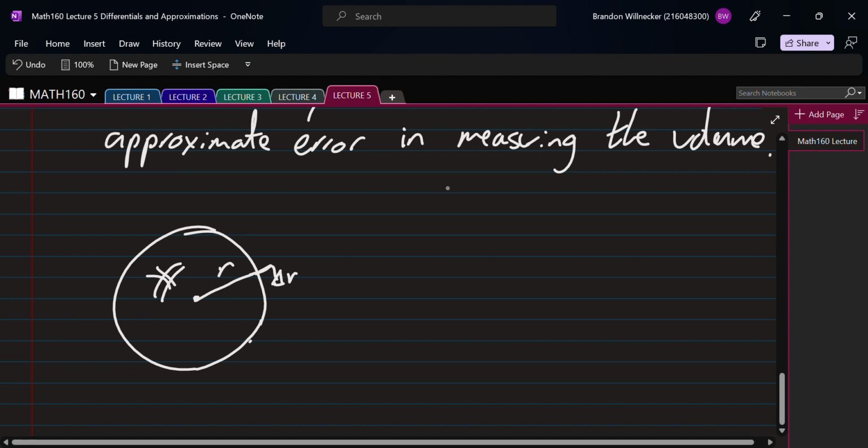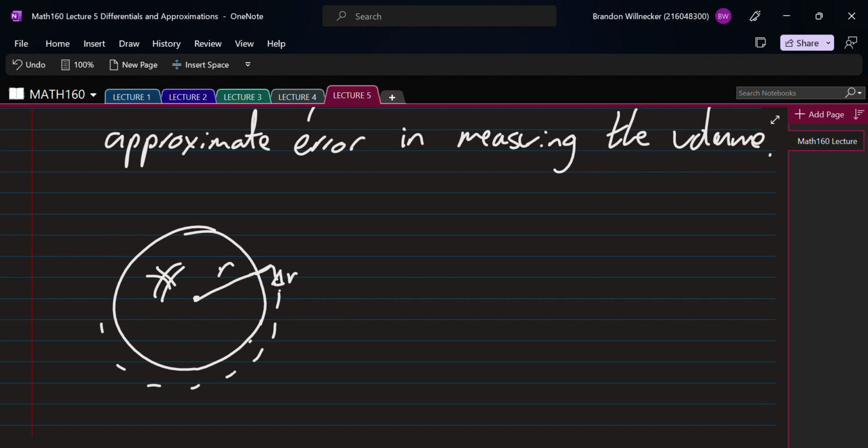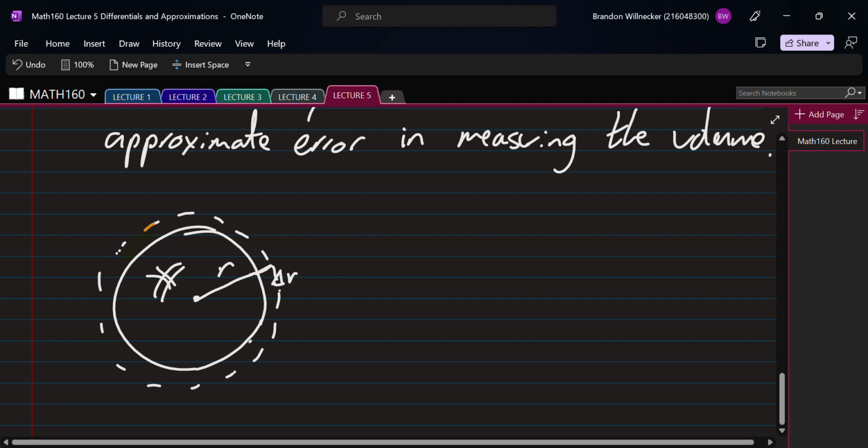Okay, so here we've got an outer radius like that. So we've got this extended radius, r plus delta r, and that gives us a larger sphere. If we take the larger sphere volume minus the smaller sphere volume, we get this portion over here.